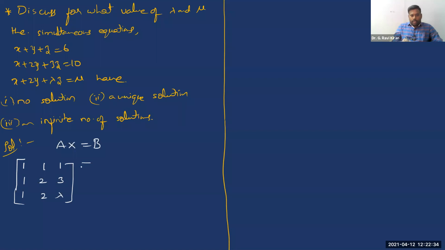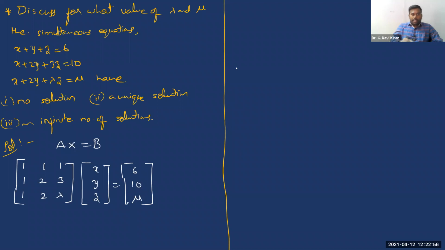This is matrix A. Then the solution vector, matrix X, is x, y, z. And then the right-hand side values: 6, 10, mu. Now see, this is the matrix form. I'm just taking the values of lambda and mu as they are. I'm not changing them.